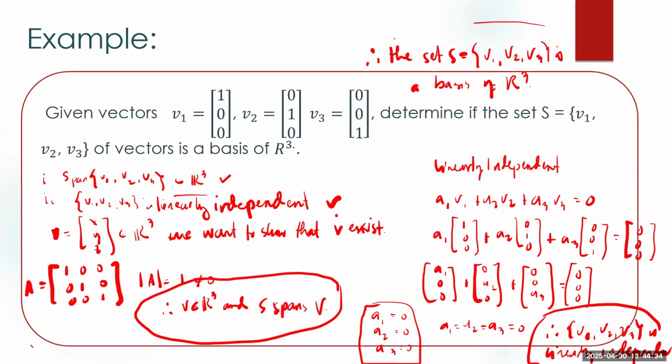Okay, understand? Actually, this identity matrix, if we augment these vectors, is the standard basis for R3. We encounter this, no need to solve, it is already the standard basis for R3. Okay, so next, let's take a look at another example.